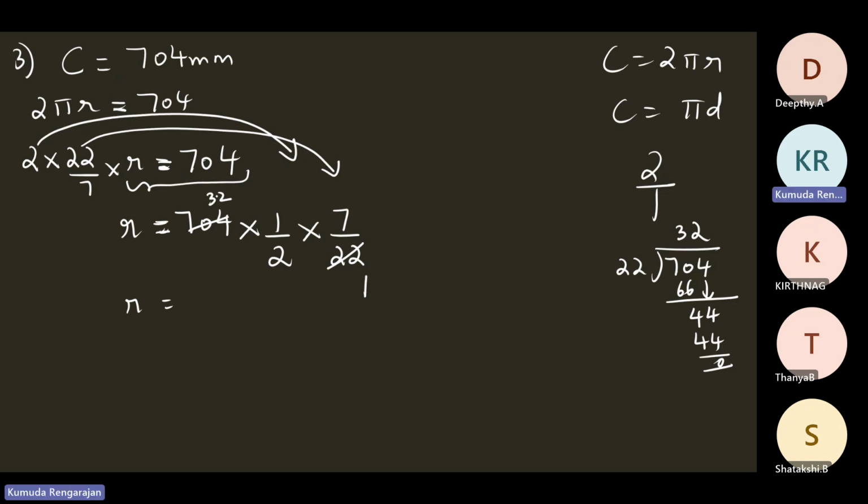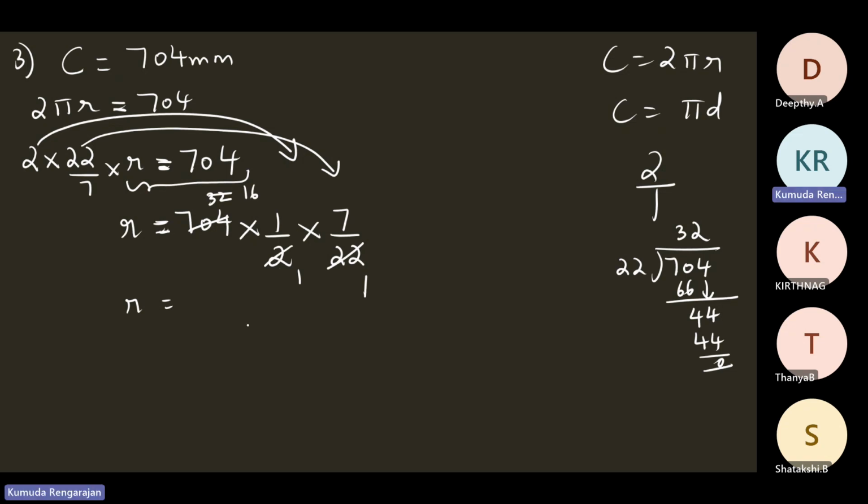And now again you can take 32 and 2. How can I simplify 32 and 2? So 2 1s are 2, 16 times.